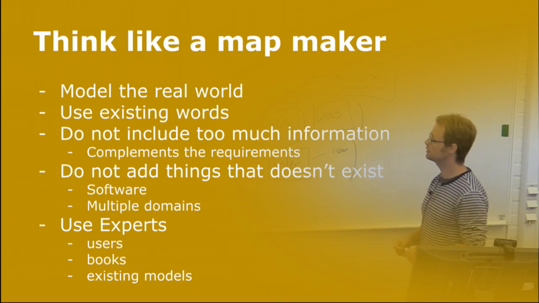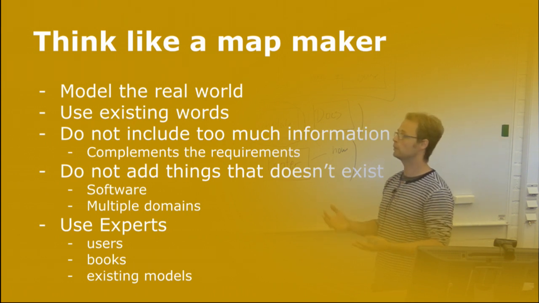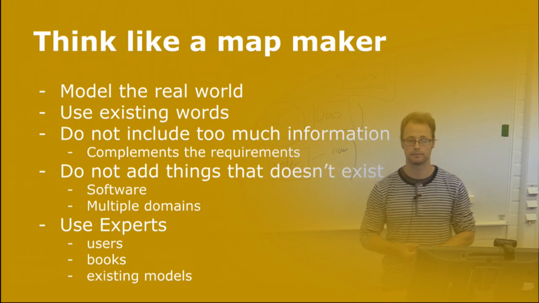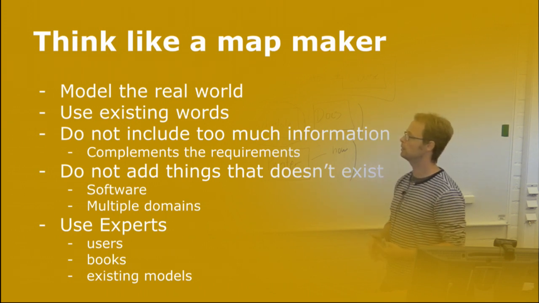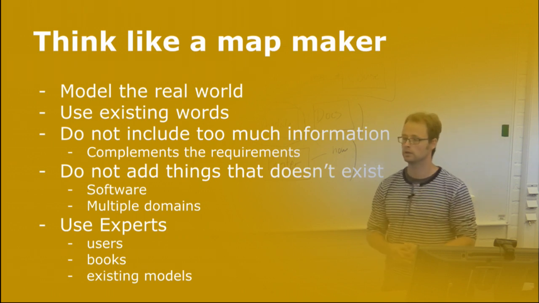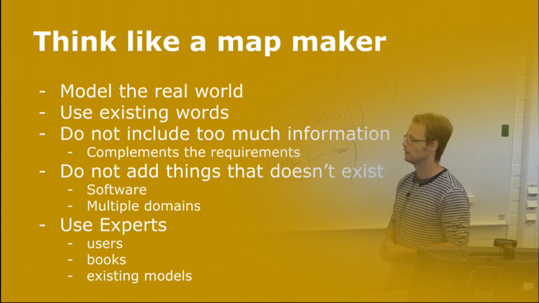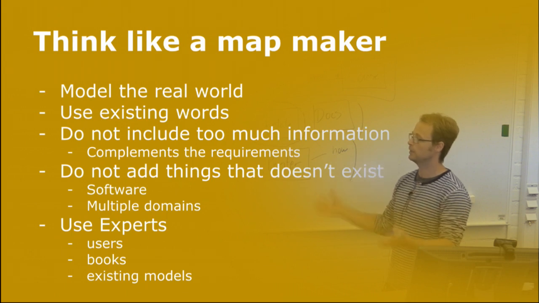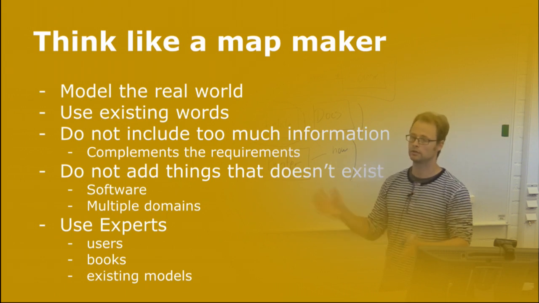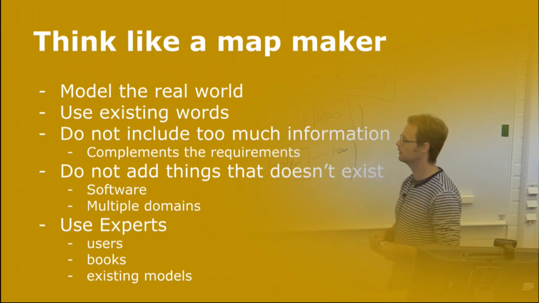Multiple domains is interesting. Sometimes you have more than one problem area at a time. So mixing two problem areas is often not a good idea. You can compare this to trying to make a map over maybe the type of terrain there is, elevations for mountains. Here is a swamp, stuff like that.